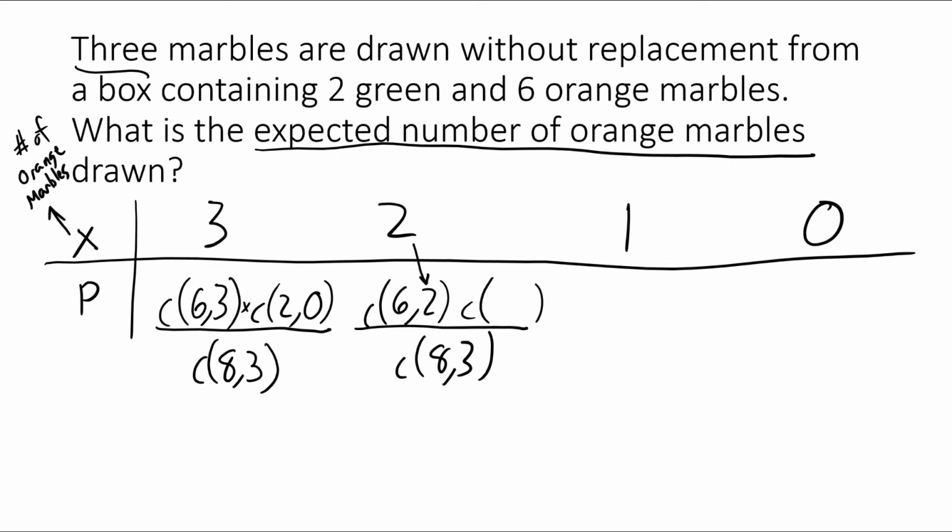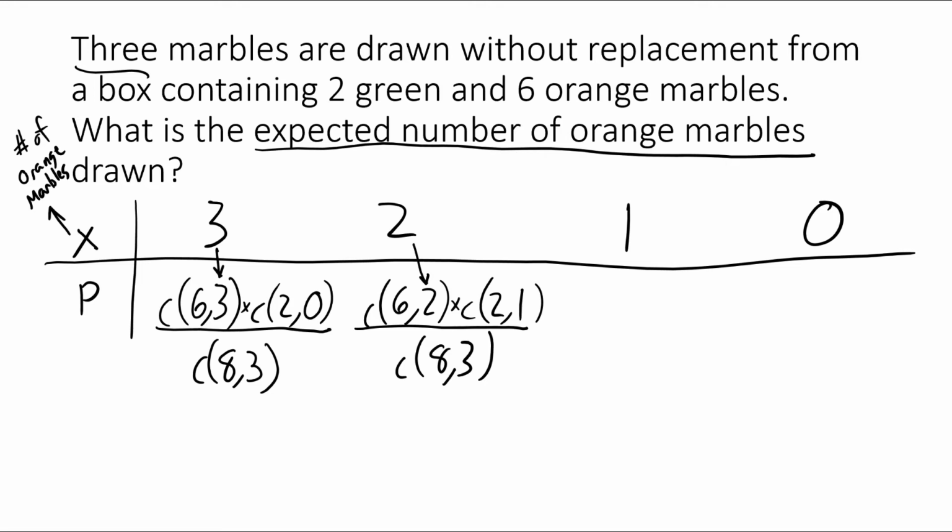Well, if we want 2 orange and we're drawing 3 total, that would mean out of the 2 green, we would want 1 of those. So that's combination 6, 2 times combination 2, 1. So you can see where that 2 went. The 3 from 3 orange marbles went right there in that combination, the 3 in combination 6, 3.